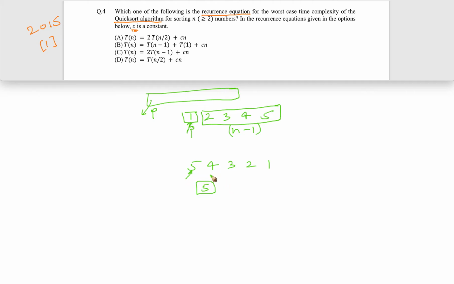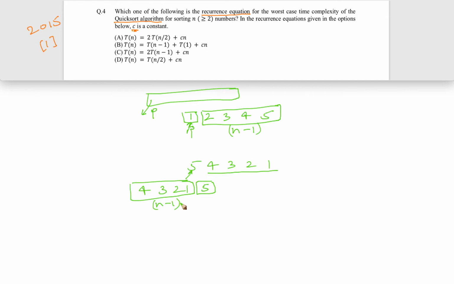But 5 is the biggest one because this is already sorted in descending order. So if we run quicksort on such a list, all these elements 4 3 2 1 will again come towards one side, so n minus 1 elements will again come towards one side.